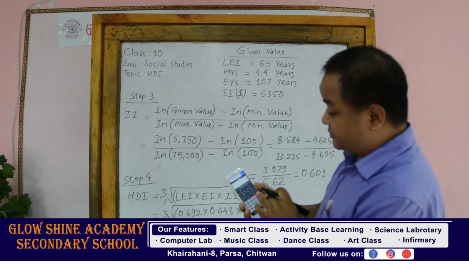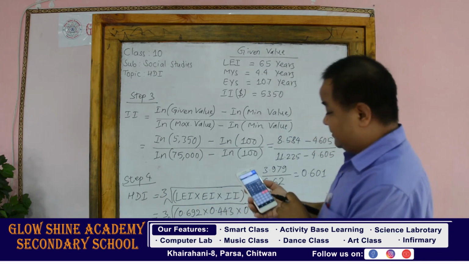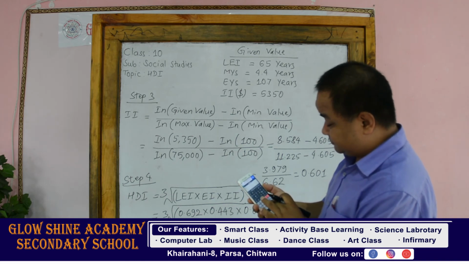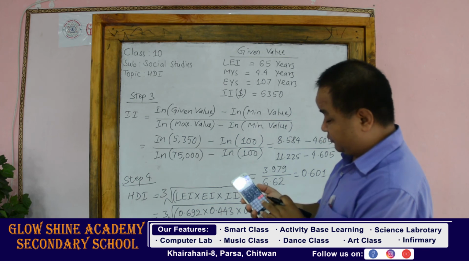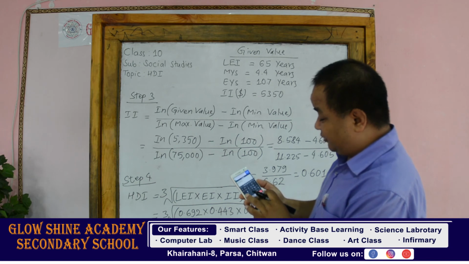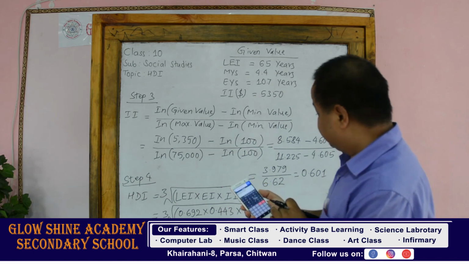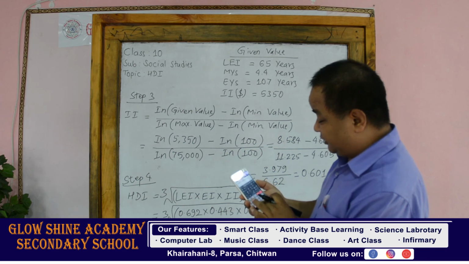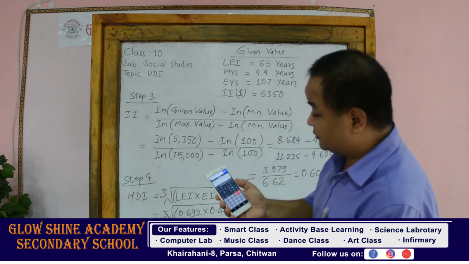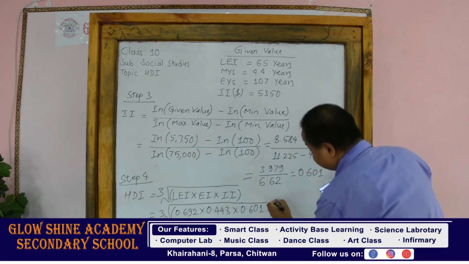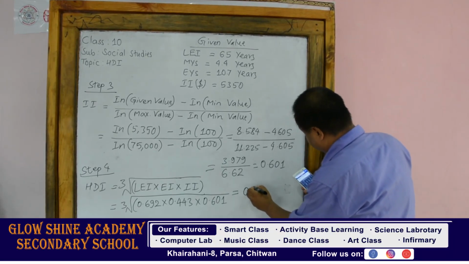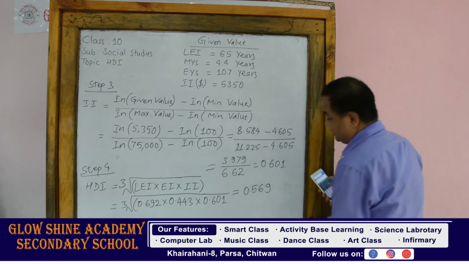Now, shift cube root, then 0.692 multiply 0.443 multiply 0.601 is equal to, we have the SDI of the country, 0.569.